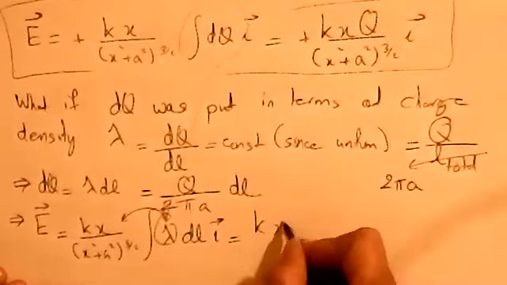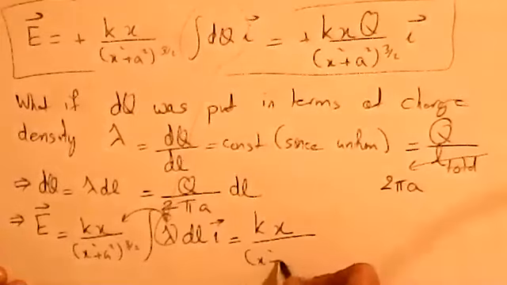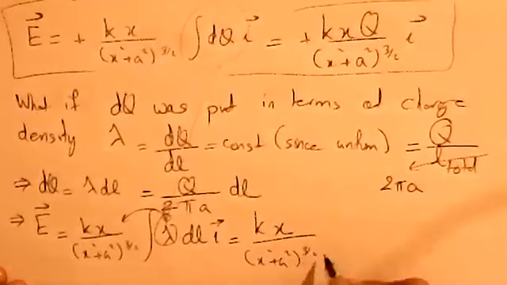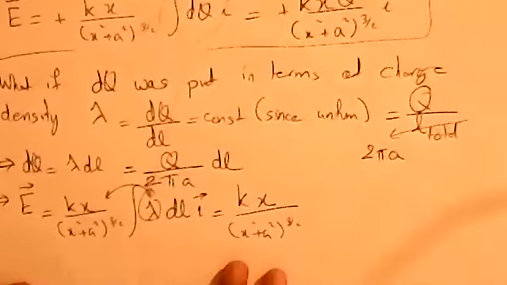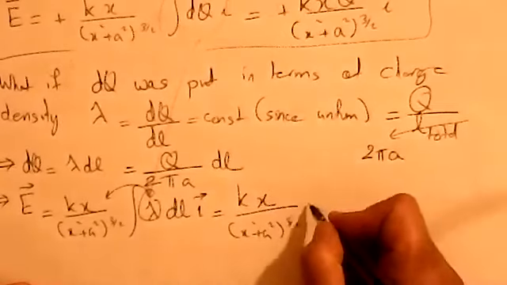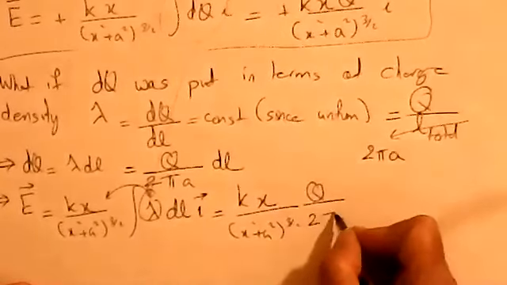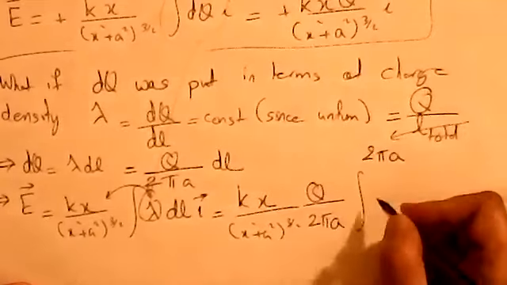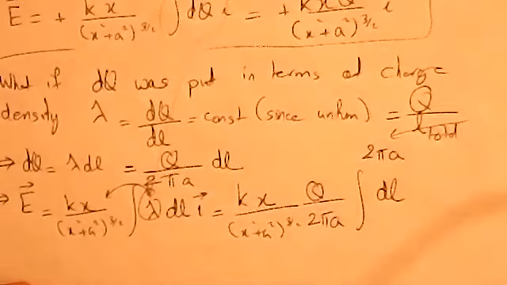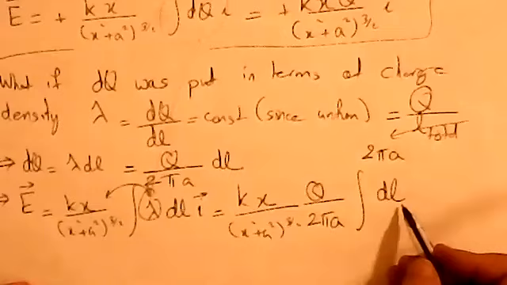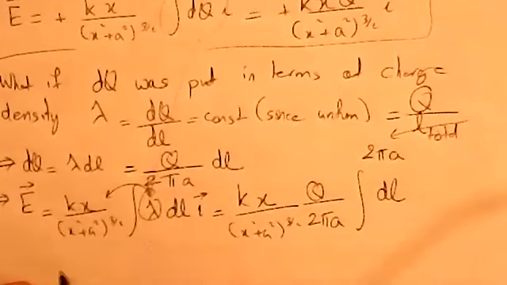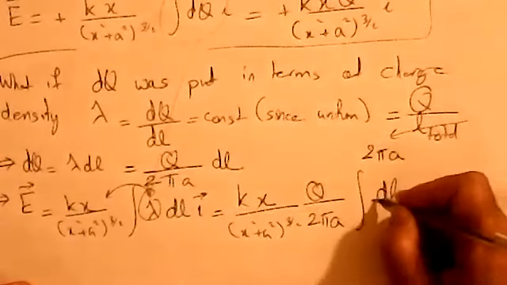So it's k x over (x squared plus a squared) to the power 3 over 2, with lambda equal to q over 2 pi a, times the integral of dl. The integral of dl is a segment of a circle of radius a.